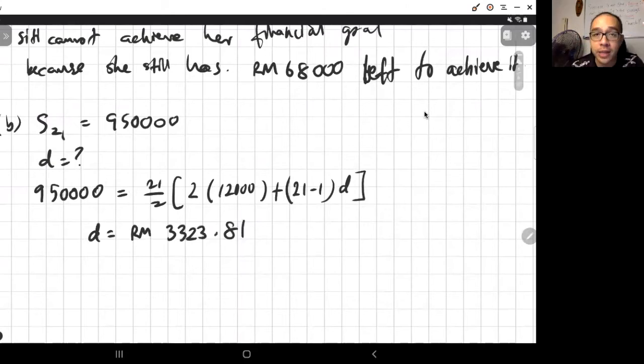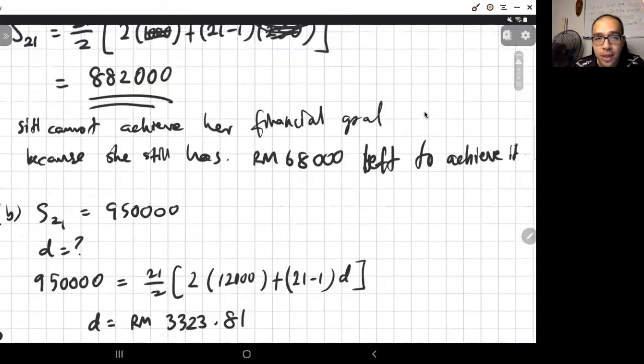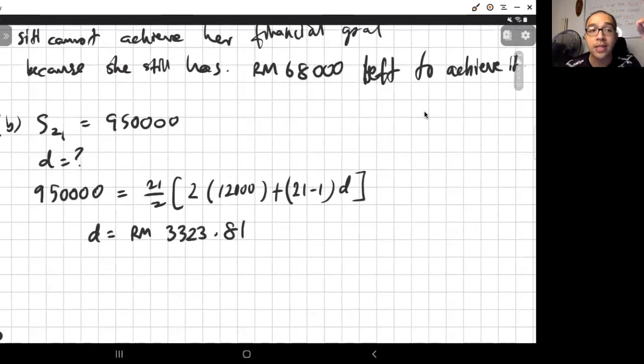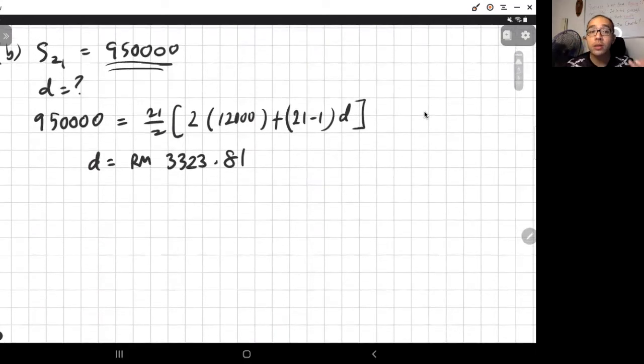That means every year, instead of saving 3,000 ringgit, she has to save 3,323 ringgit 81 cents in order for her to reach this goal. Okay, so if every year dia kena simpan 3323.81, how much is it every month? So her additional savings.